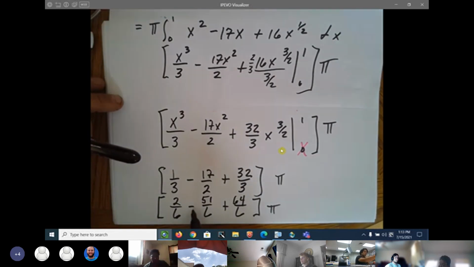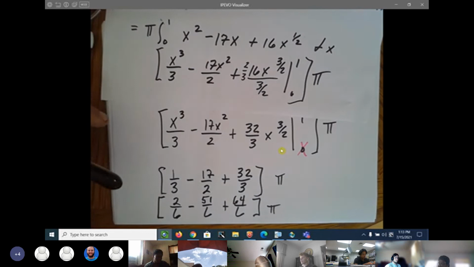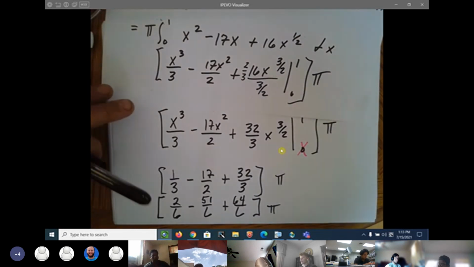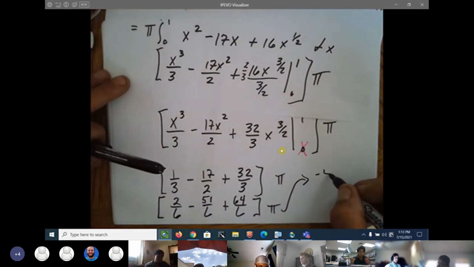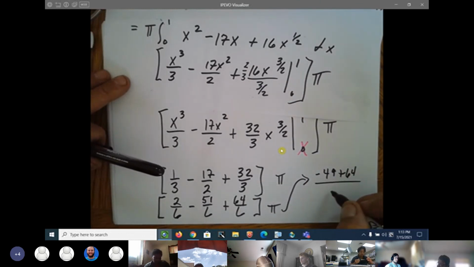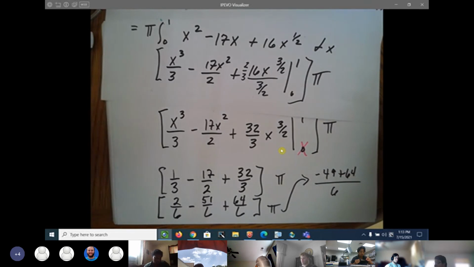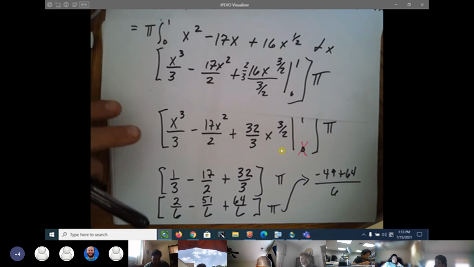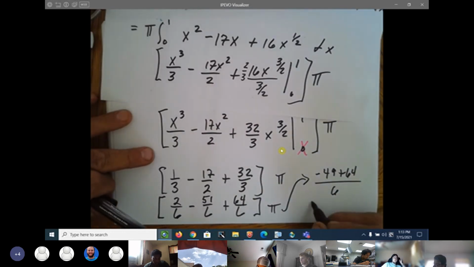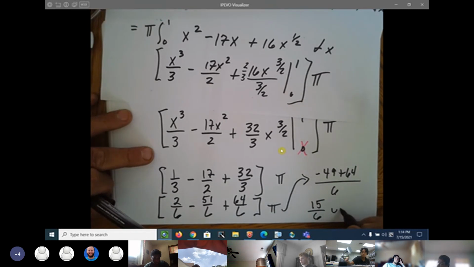And 2 minus 51 is negative what? 49. So that's going to be negative 49 plus 64 over 6. So if I had negative 50, that would be 14. So it's not 14, it's 15. Somebody check me. Is it 15 over 6? It is 15 over 6.